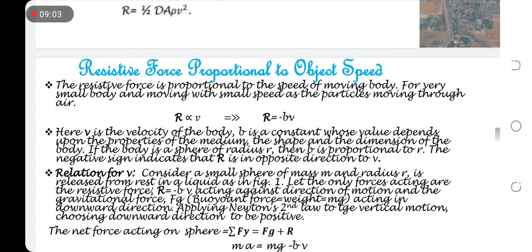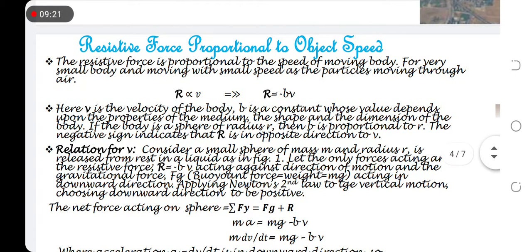The first case, when a body is of very small size, small mass, small weight and moving with a small speed as a particle moving through the air. So, R is proportional to v and R is equal to minus b into v, where v is the velocity and b is the constant whose value depends upon the properties of the medium, the shape, and the dimensions of the body.